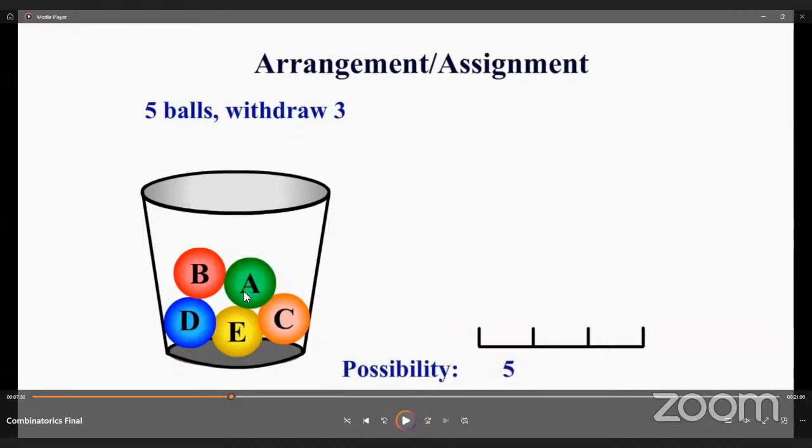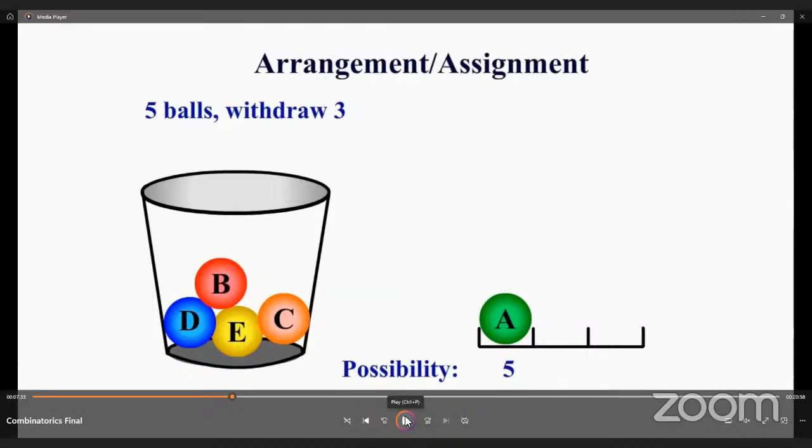When you take the first ball, how many possibilities are there? There are 5 possibilities because there are 5 balls inside. For example, you take A. Then you note that.